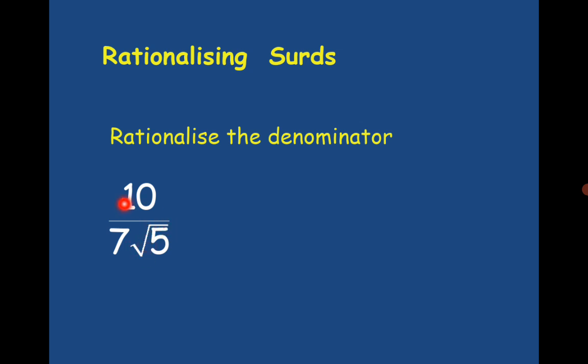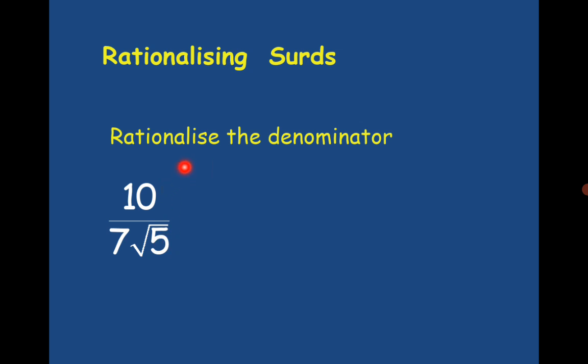Root 5 cannot be divided into 10. There's a temptation that candidates display. They end up cancelling this 5 into 10. They think that 5 can go into this 10. No, it's not. These are different terms. Root 5 cannot just cancel into 10. No, cannot go into 10.